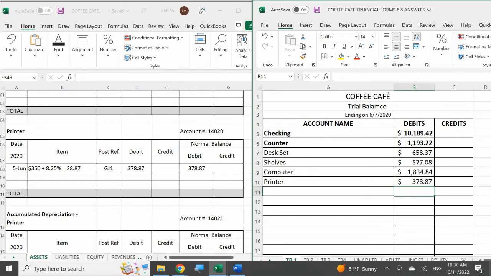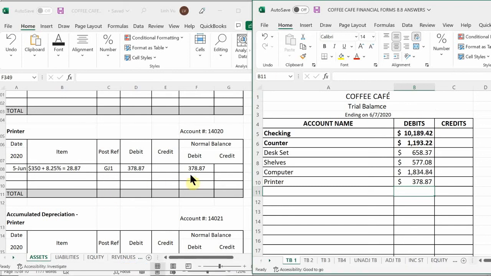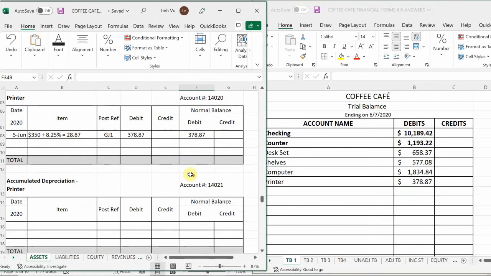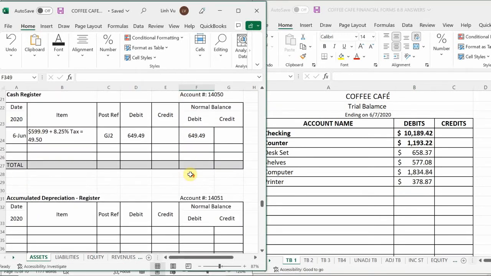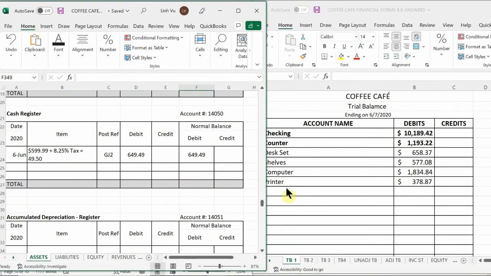Make sure you don't make that mistake and put in 78 instead of 87 cents. Because that can be a common mistake. So make sure that as you are transferring the information from your ledger to your trial balance that you're not making any mistakes either. Okay? Good. Okay. What else did I buy?